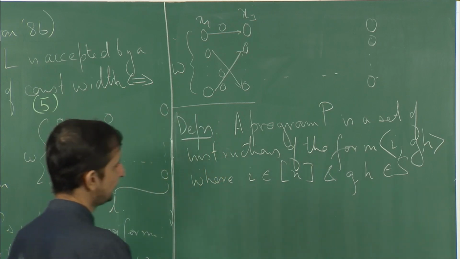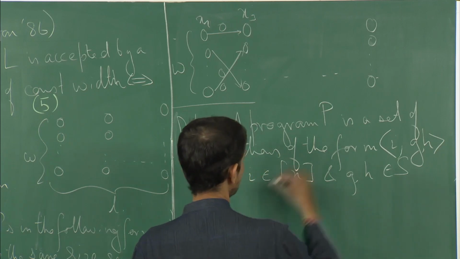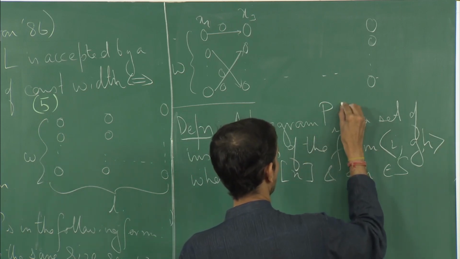So let us say we define this only with 5. So a permutation branching program over S5.